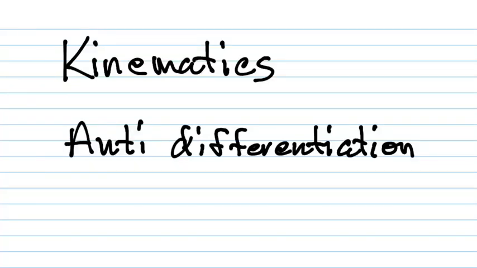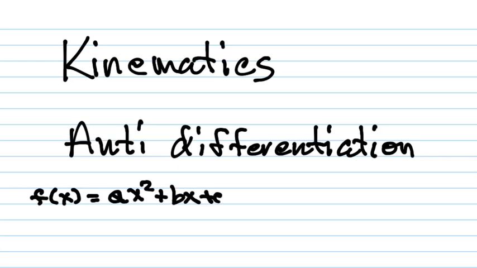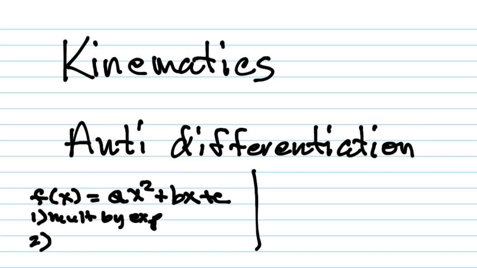Okay, let's start. So, last time we were talking about kinematics, we were talking about anti-differentiation. So remember that if you have a function and you differentiate, what you're going to do is multiply by the exponent, times the coefficient, and then subtract 1.